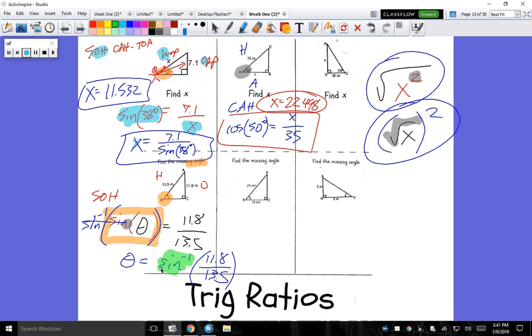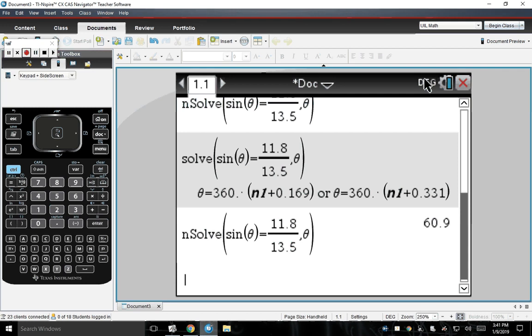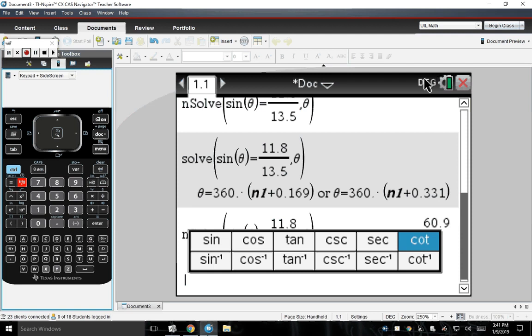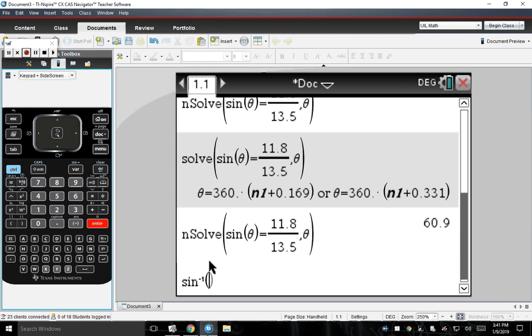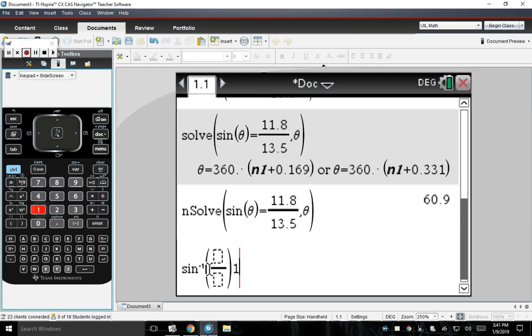You with me? Alright, so let's go to that real quick for practice. I didn't have to do the solve feature. I could, and you have to know this because some of these multiple choice questions may or may not have this stuff that you're going to have to get used to. The arc sine of control divide 11.8. Did it again.